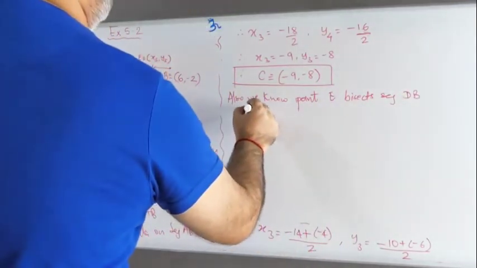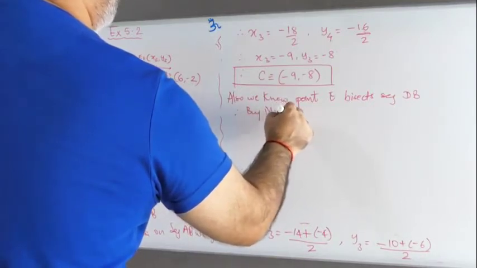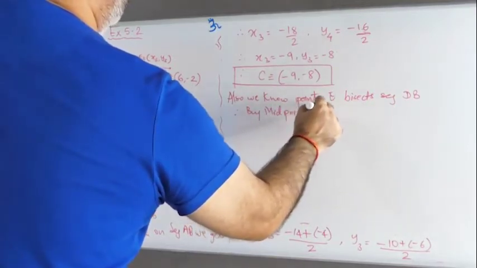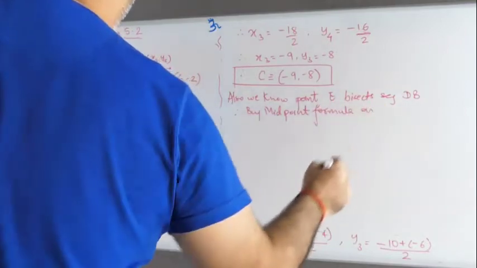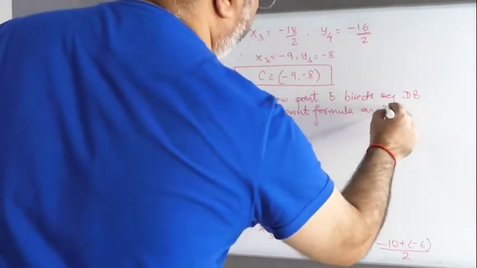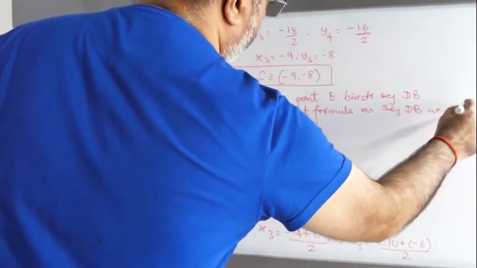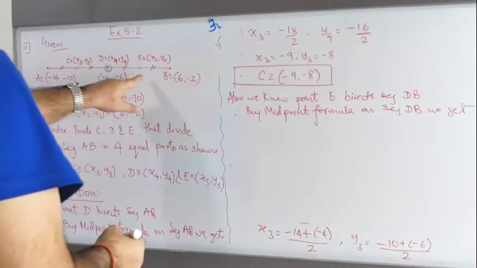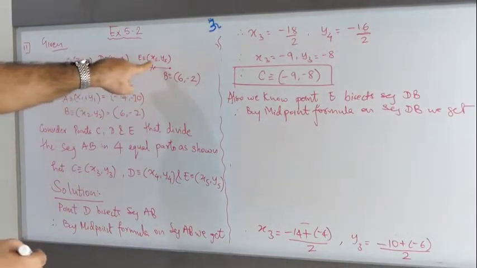Therefore, by midpoint formula on segment DB we get. So what do we get? Now point E is going to be the midpoint. So who's the x coordinate of E?